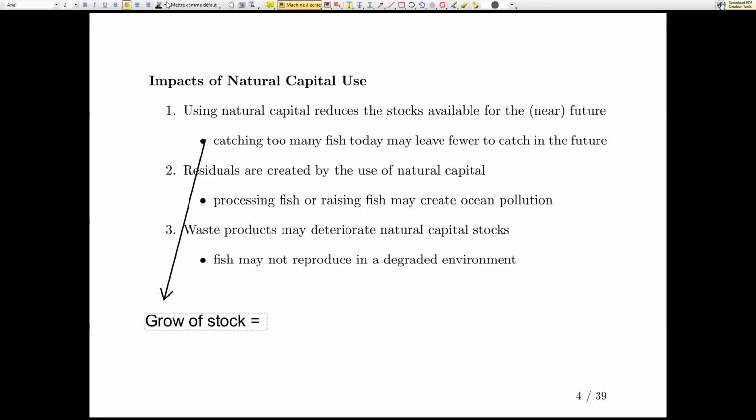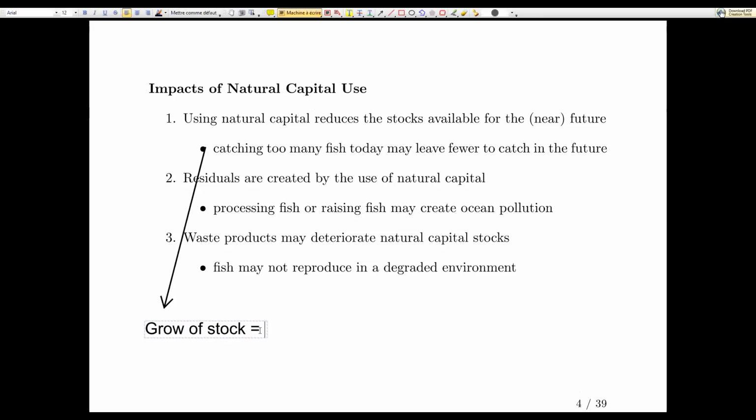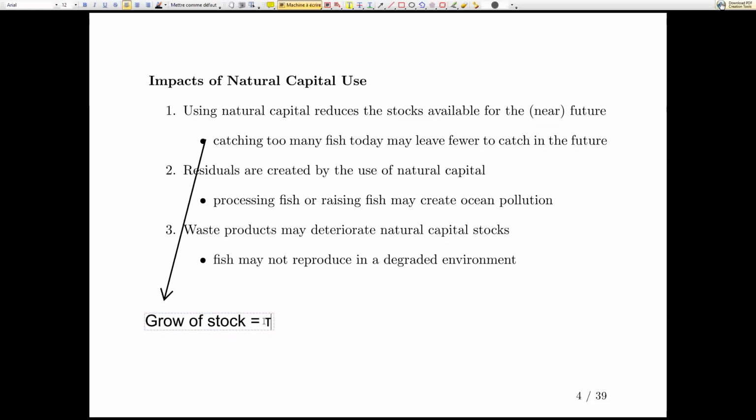Growth equals tau, which is just some number, a natural growth rate, times the stock, times the carrying capacity minus the stock, and minus harvest.